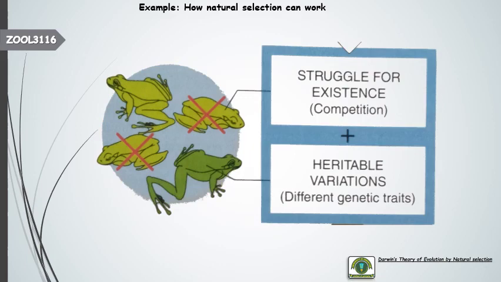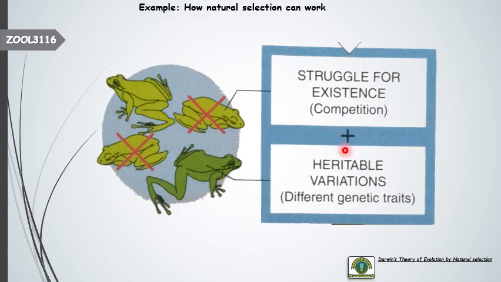Next, the struggle for existence. Once individuals have been produced and after coping with the limited resources, they compete with one another. This is the struggle for existence, which is known as competition.